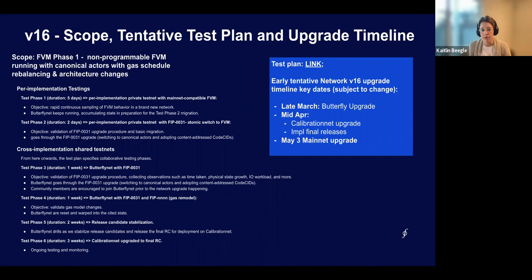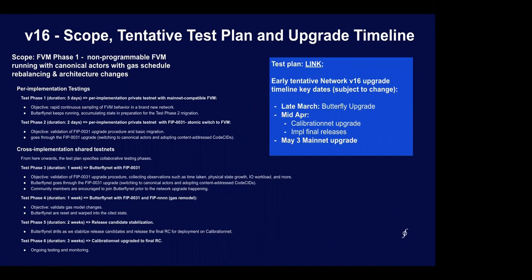Jennifer, do you want to give a high level of where everyone is currently? Yeah, so I know there's a lot of text in this slide, but the highlight is highlighted in this light blue, navy blue thing.